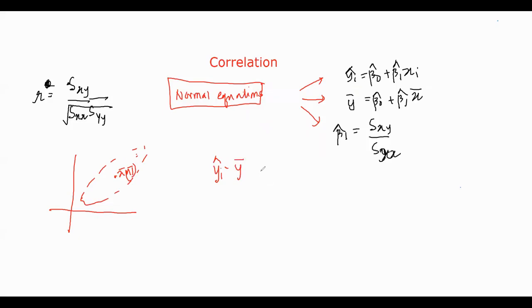If we do yi hat minus y bar, we get beta naught hat cancelled, and we get beta 1 hat into xi minus x bar. So let's write down beta 1 hat, which is sxy by sxx, into xi minus x bar.